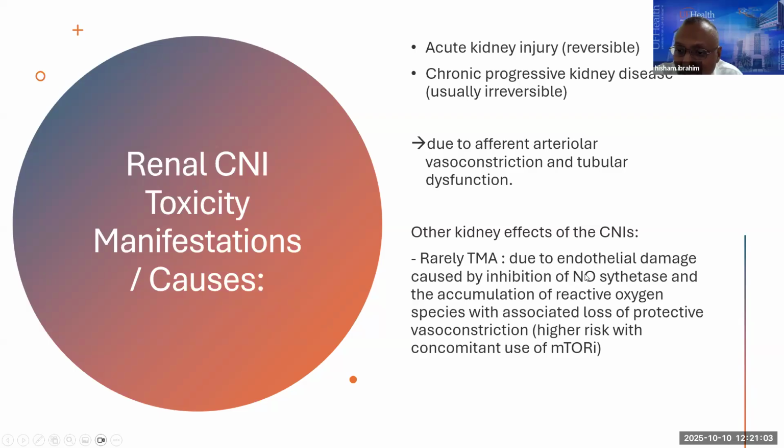You have nitric oxide synthase inhibition, so you have a deficiency of nitric oxide. You have accumulation of reactive oxygen species in the cells due to mitochondrial toxicity, as well as vasoconstriction. These all three conspire to cause endothelial damage, which seems to trigger this. This is the theory; we have no controlled studies to prove it.